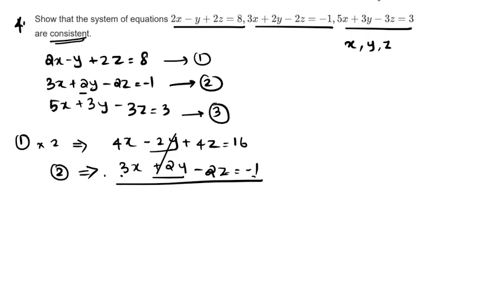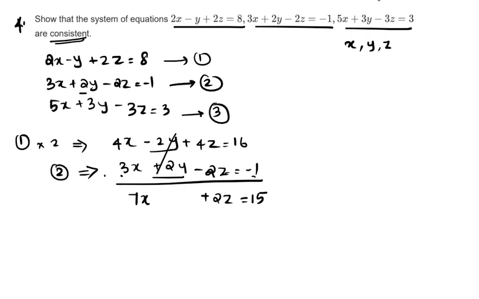Since we are going to add, no need to change the sign. So here you will have 7x. This term will become 0. And here you will get plus 2z. And here you will get 16 minus 1, that will become 15. In case subtraction is needed, then you go for changing the sign. Here I am not subtracting because the signs are already different, so we can add. I am adding here, so the signs are not changed. Right? Okay. Now we got this equation.